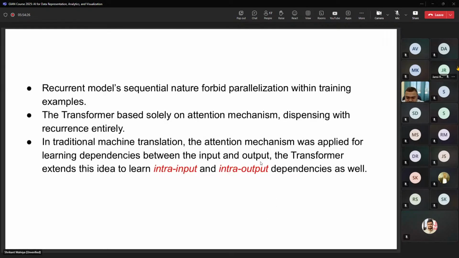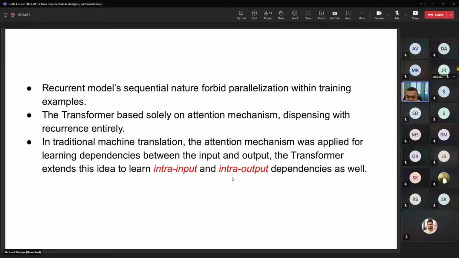But the transformer model extends the same attention idea, applying it first of all to process the intra-input information, meaning for each word in the input sequence, how much it depends on the other words in the input sequence. That's the intra-input information processing.